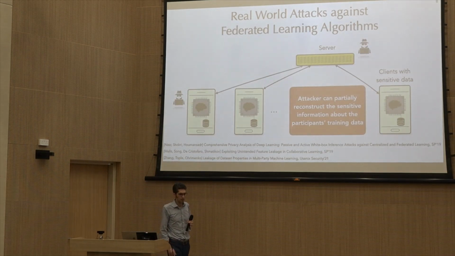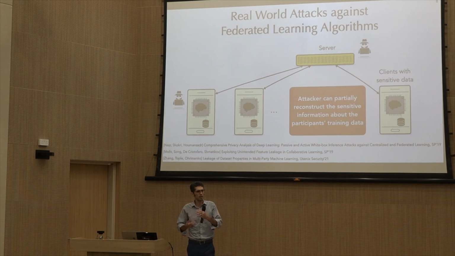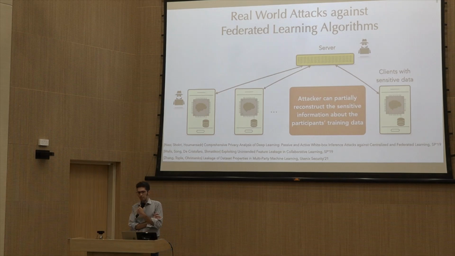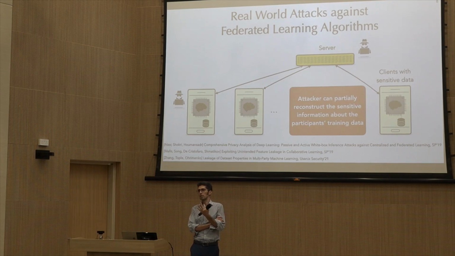If you have heard of federated learning, where multiple parties get together and try to train a model together without sharing their data with each other for privacy reasons, then you can show that the information that they exchange with each other throughout the federated learning protocol leaks a lot of information about their local data.